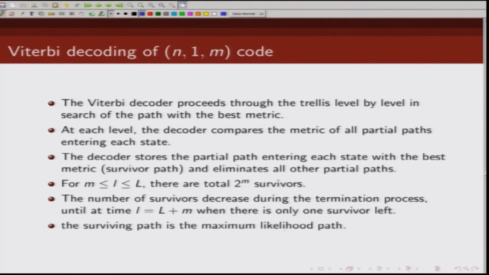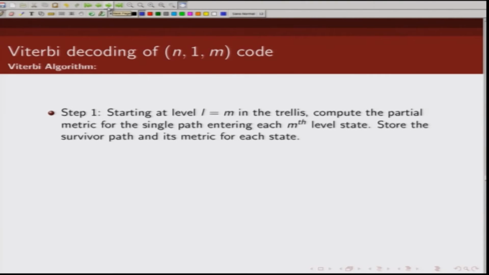When we reach the final time instance, the all 0 state, we will be left with only one path, and that surviving path is our maximum likelihood decoded path. Then we backtrack to get back what were the code bits and information bits corresponding to that particular path.